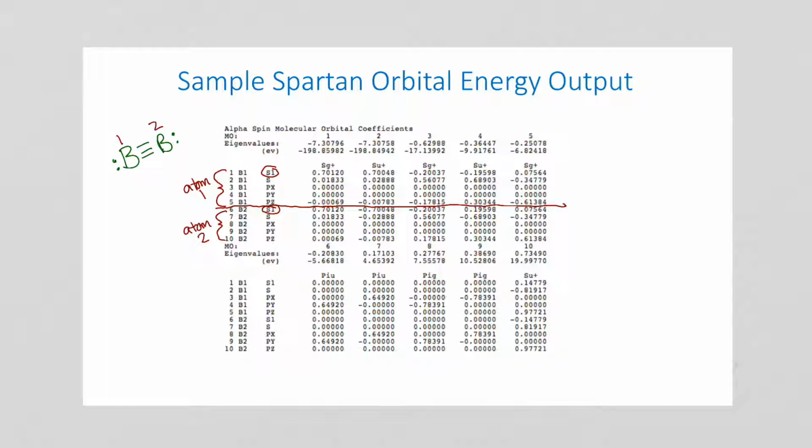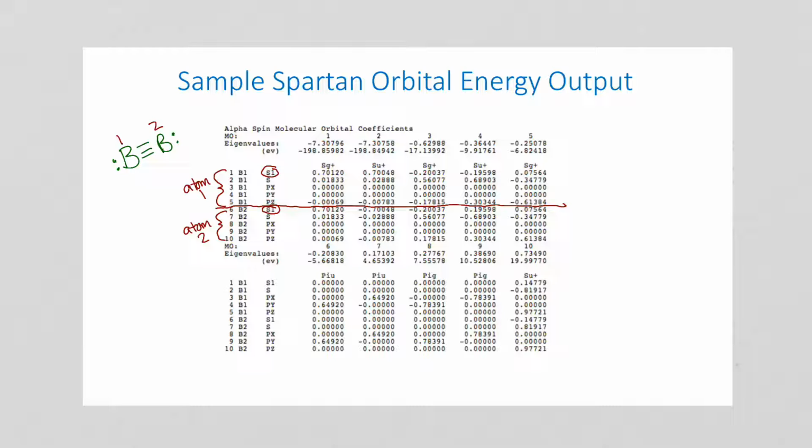Other pieces of information that you can extract from this set of data are, if you look at the top of these numbers, you'll see these strange looking labels, so Sg plus, Su plus. These tell you the type of molecular orbital that you have. So this would tell us that we have a sigma orbital that has a G designation.